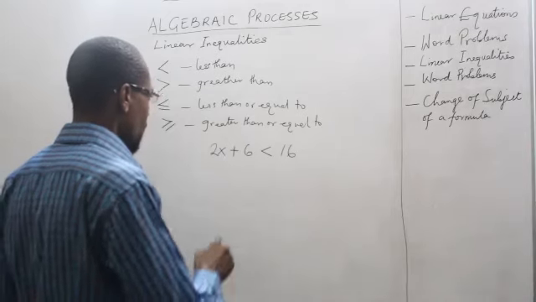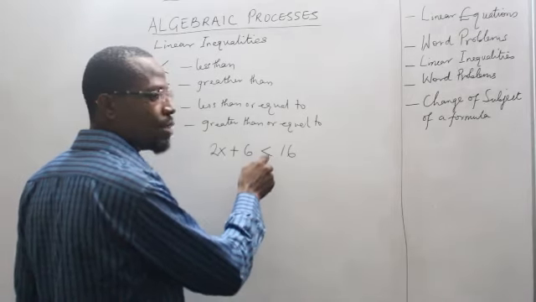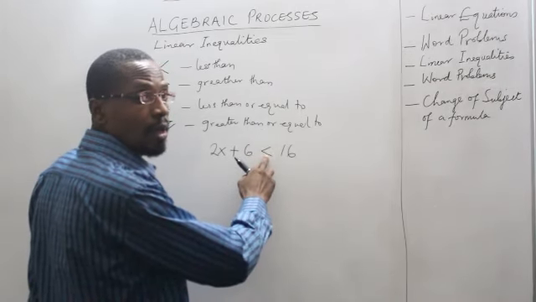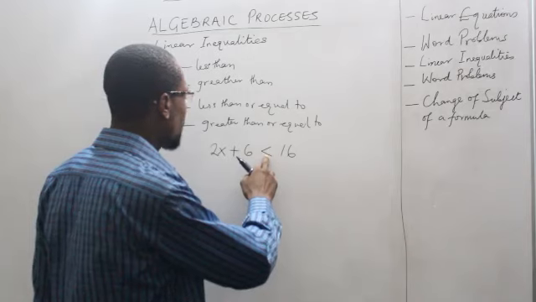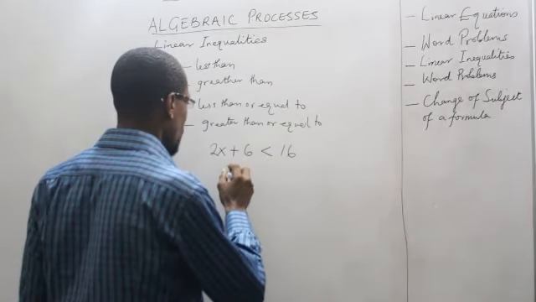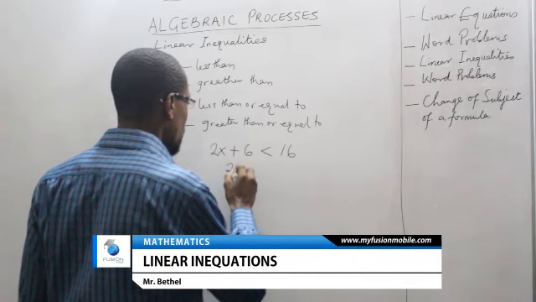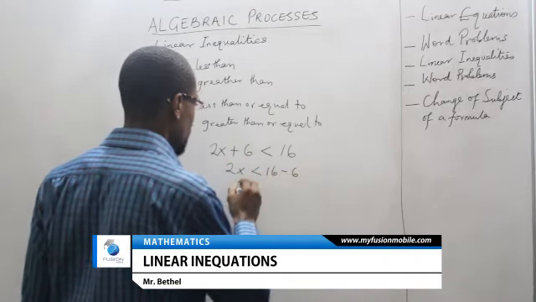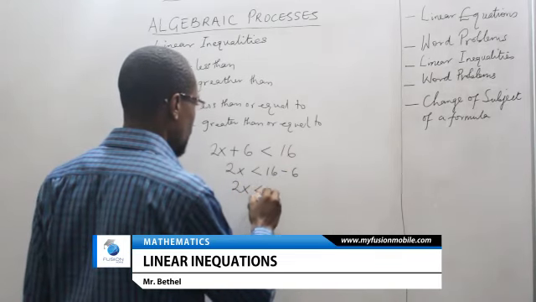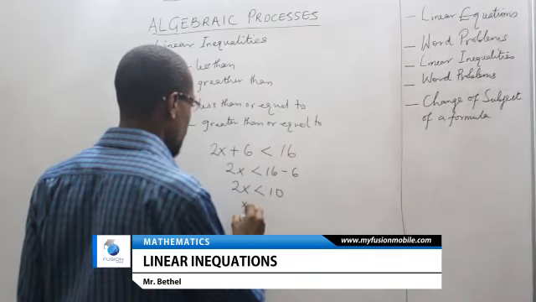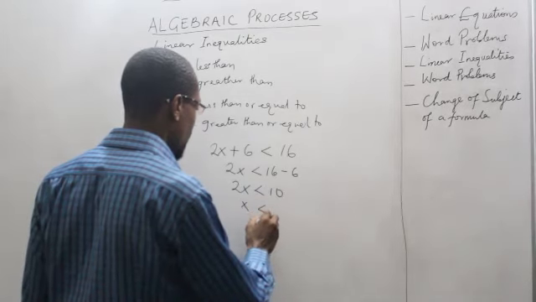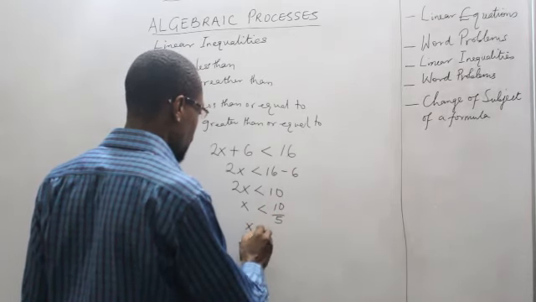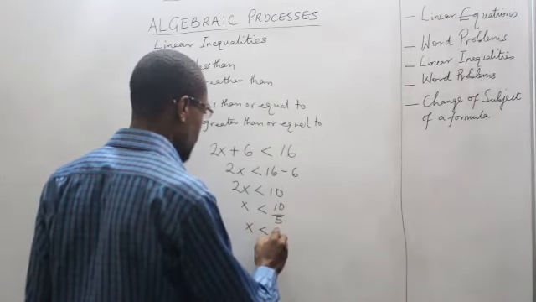Now we no longer use equal to, rather we use one of these symbols, and of course 2x less than 16 minus 6, 2x less than 10, x less than 10 over 5, x is less than 2.